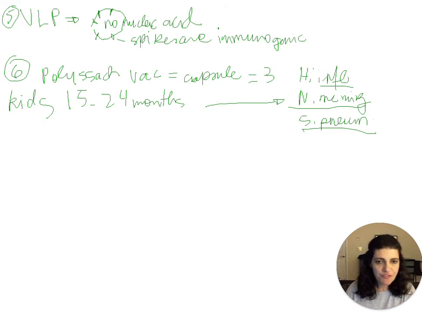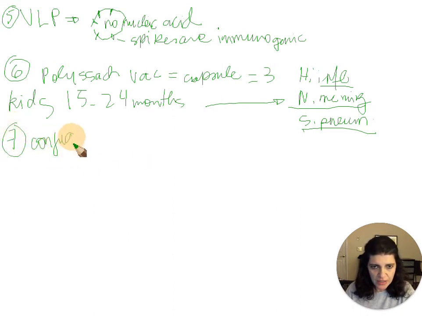And then, for example, for Haemophilus influenzae, sometimes, not just in infants but even in bigger kids, it doesn't cause the best response, or some of the antigens that are part of this capsule are not triggering the perfect response. That's why you can have conjugated vaccines.